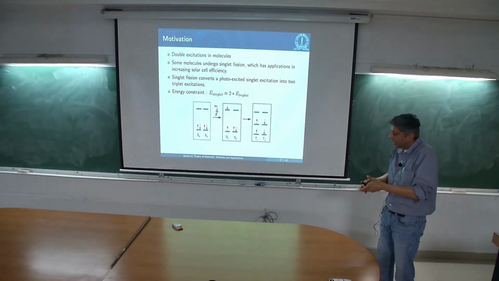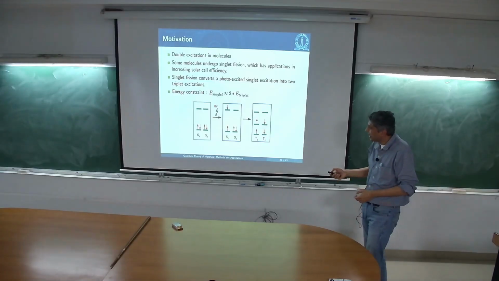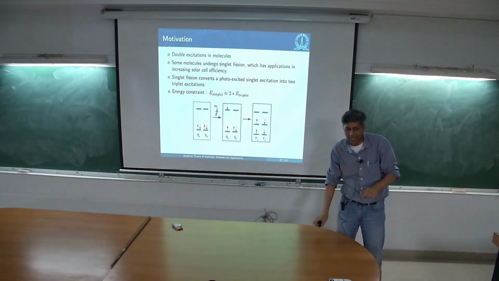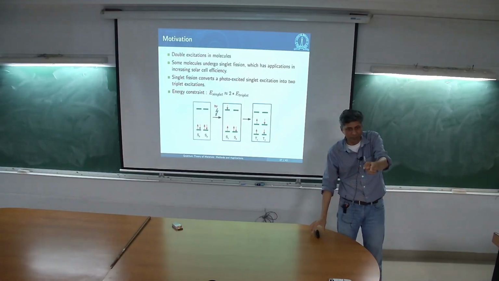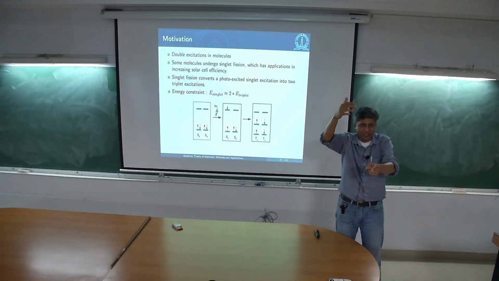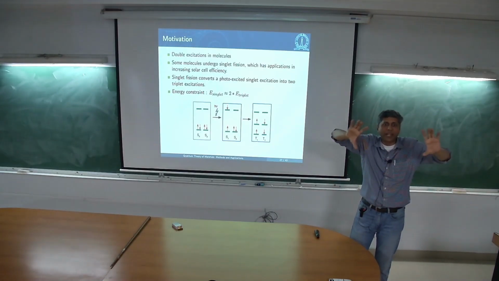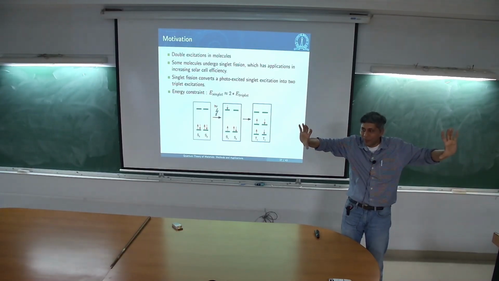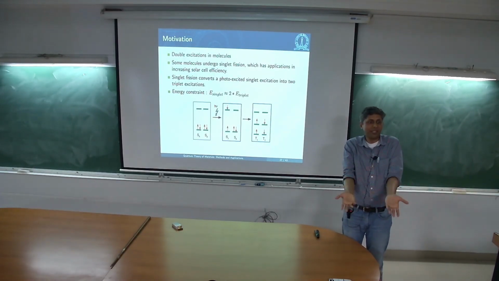Here, all of a sudden, I have this state where, if I am able to convert this into this TT state, I send in one photon of twice the energy, that gets absorbed, and it breaks into 2 electron hole pairs because I got 2 excitons out, right? And if I am able to harvest these, I get double the current out, right?